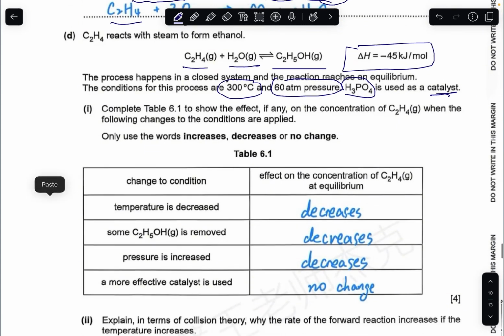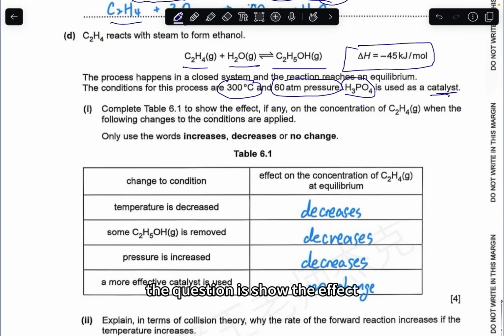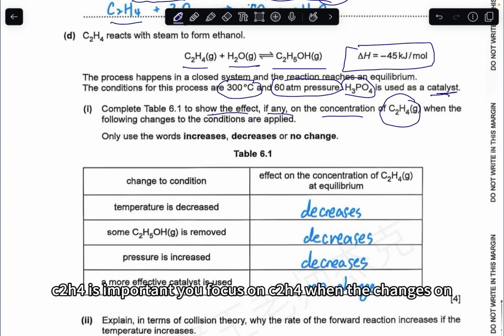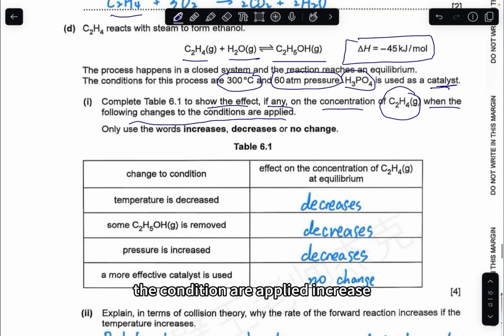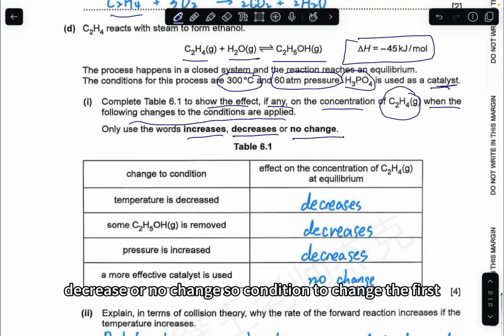The question is, show the effect, if any, on the concentration of C2H4. You focus on C2H4 when the changes in condition are applied: increase, decrease, or no change.